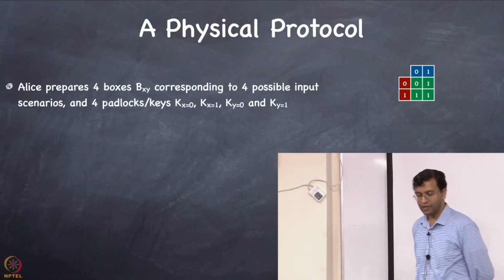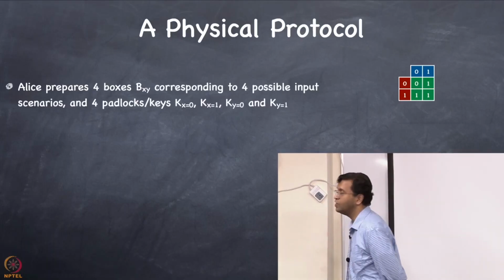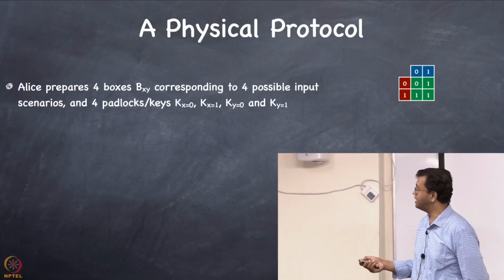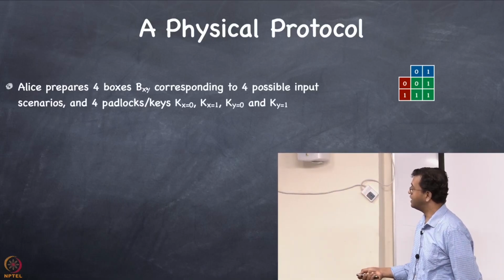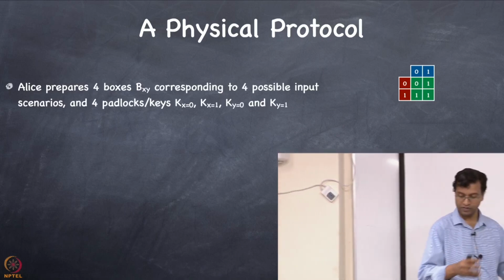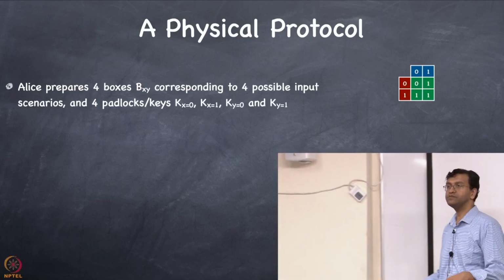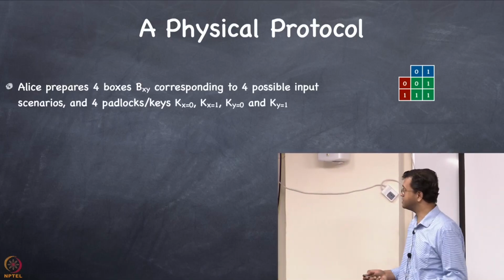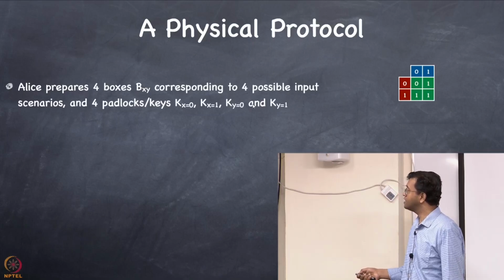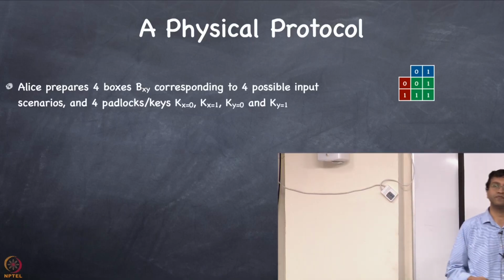Okay, so first Alice prepares 4 boxes. I labeled them by XY, so B00, B01, B10, B11. So 4 boxes, and I'll say what is going to be inside each box, but also she'll pick keys and locks.